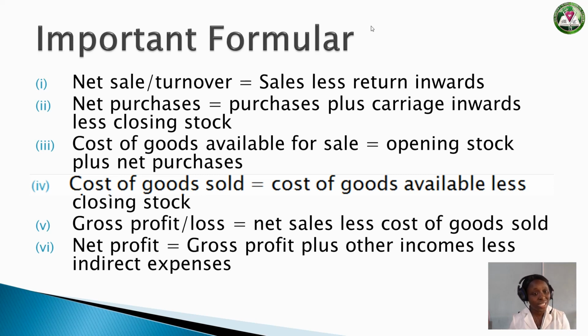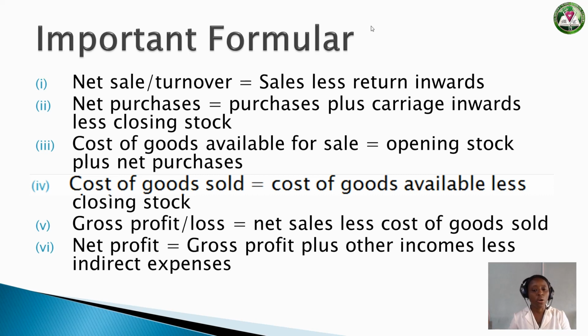Number 2, which is net sales. Number 3, which is cost of goods available for sale. Then the 4th one is cost of goods sold. To determine cost of goods sold is cost of goods available for sale less closing stock. Like we have 200 worth of goods, then out of it we sold 150 worth. So in that case, the closing stock will be 50 worth. So what you will do is minus the 50 worth of goods. That is how to get cost of goods sold.